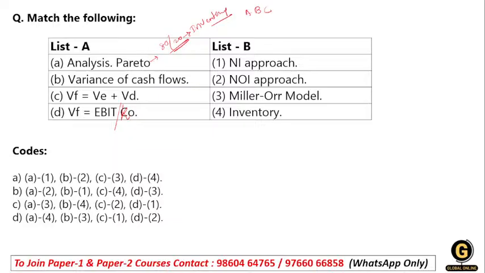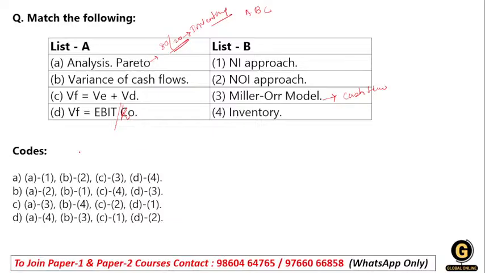Then variance of cash flow. What is that? It is the Miller-Orr model. This approach is used for cash flow, to manage the cash balance under uncertainty, isn't it?